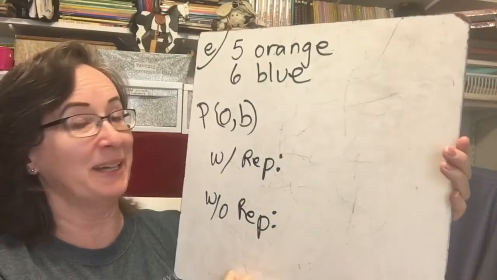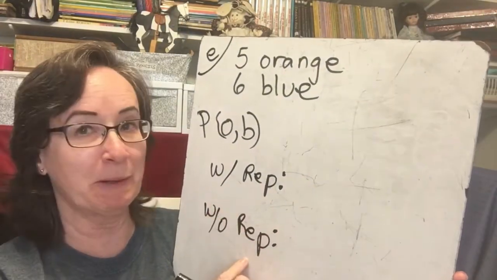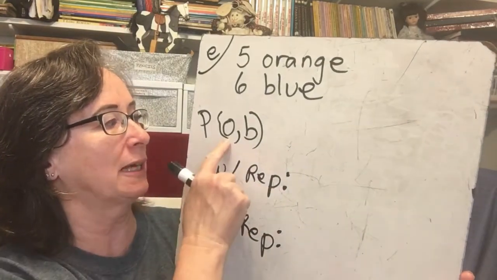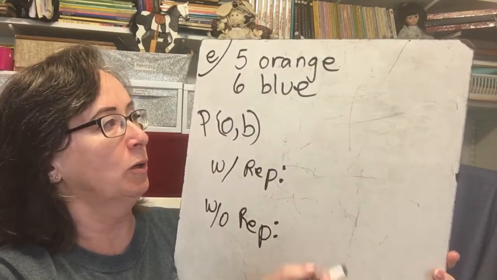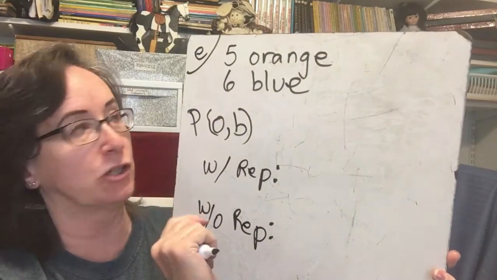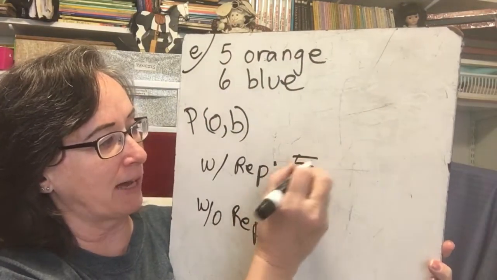All right, so here we have our last problem. With replacement, without replacement, drawing 2 marbles, and we're looking for the probability of an orange and then a blue. So we're going to say, well, the probability of a first draw orange would be 5 out of a total of 11. So 5 out of 11.